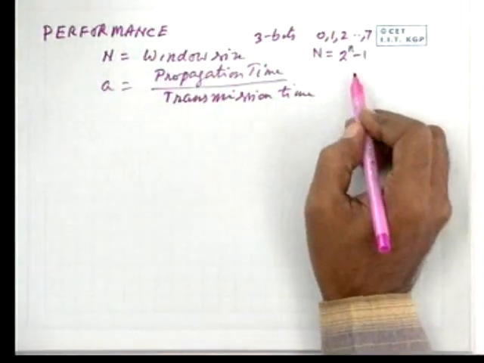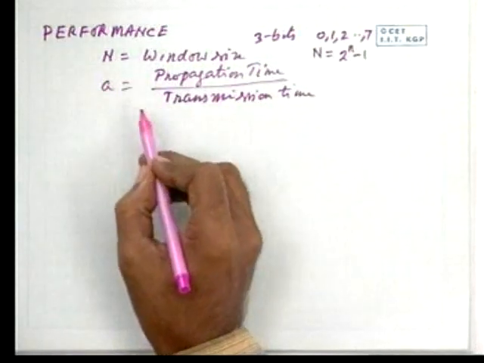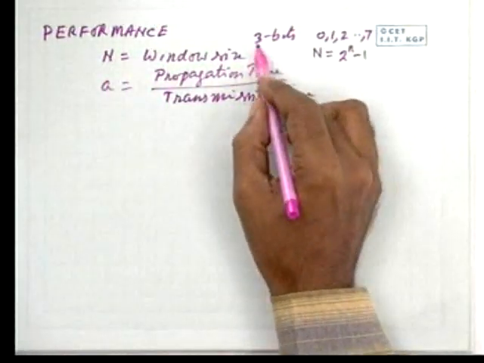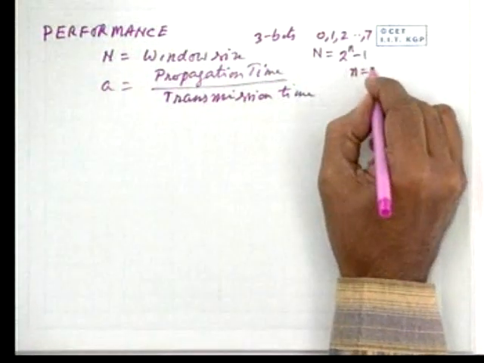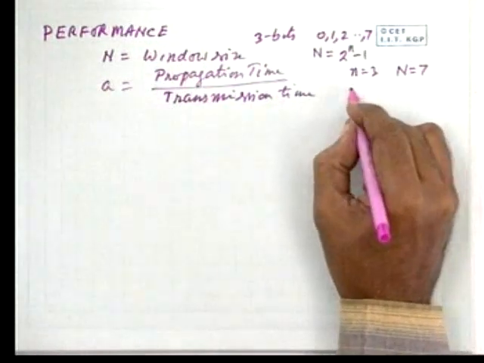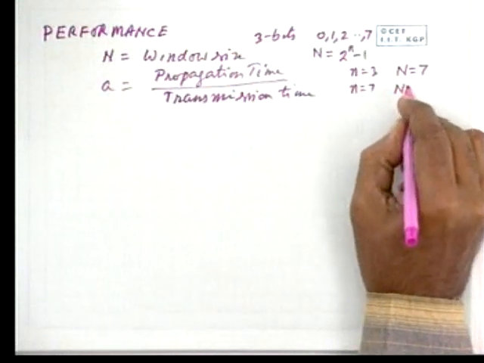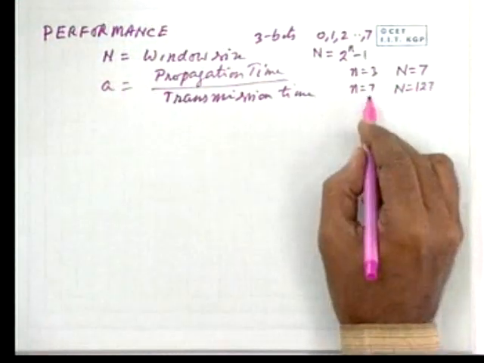That is necessary, as we have discussed while discussing the error control technique, so that the retransmitted frame and the earlier frame number do not coincide. Now, with n equal to 3 bits, the window size N is equal to 7. If you take n equal to 7, then N will be 127. That means 128 minus 1.